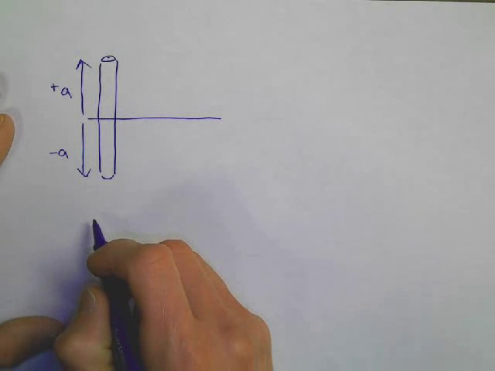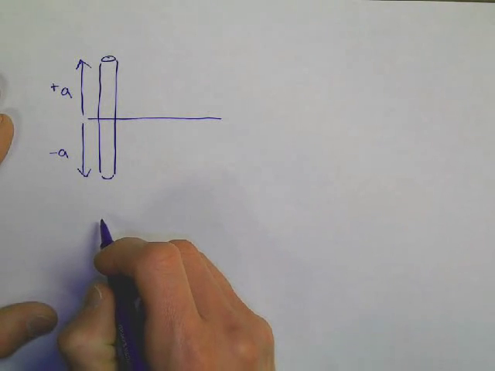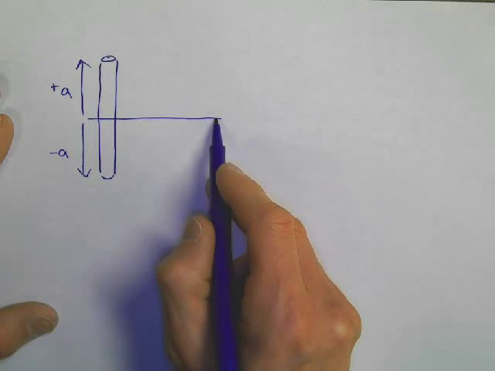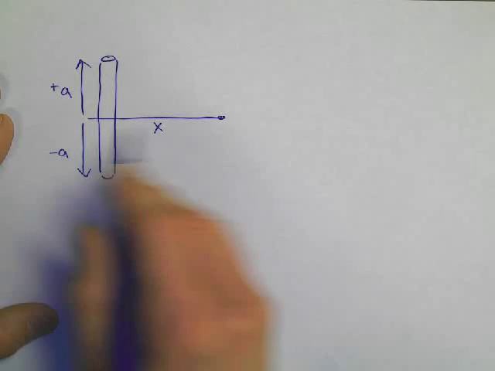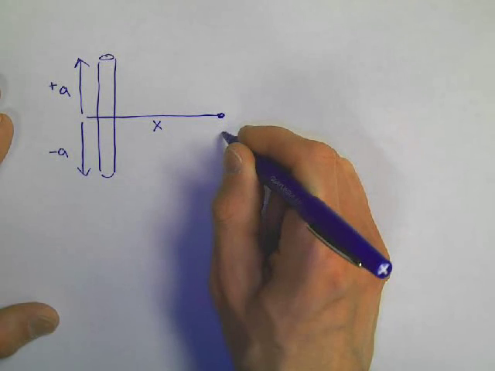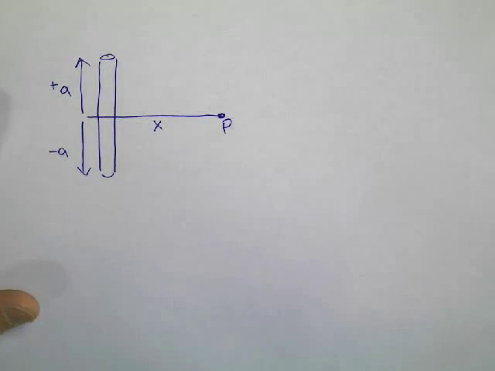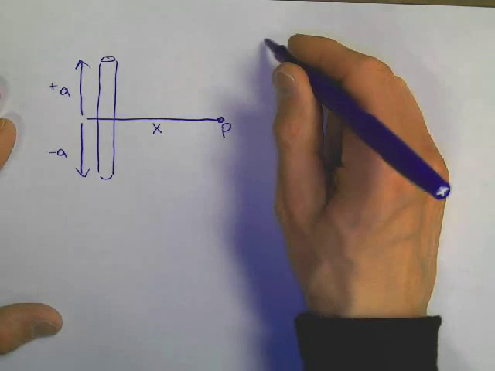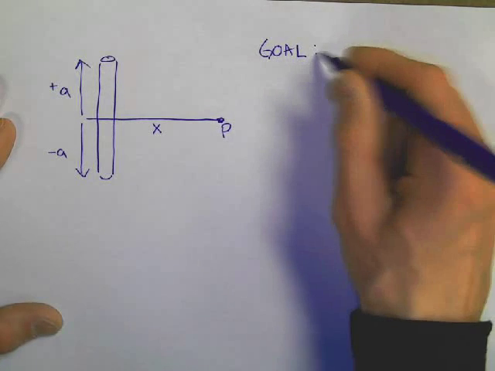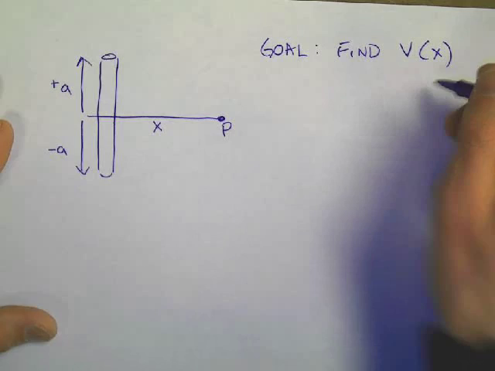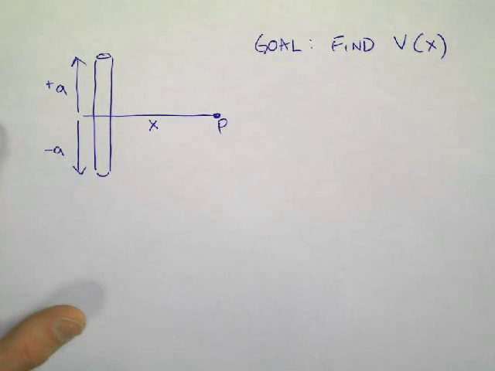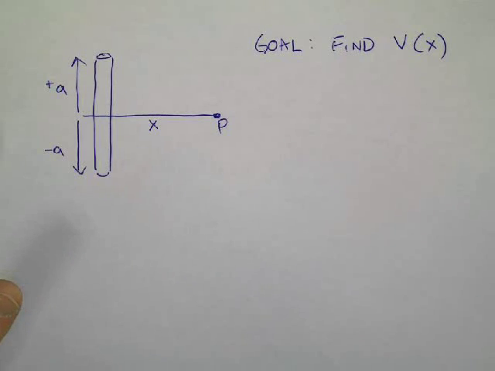We've got a line segment. The length is going to be equal to 2a. This line here is the bisecting line, and we're going to be looking at a distance x away from the line. We'll call that point P. And again, the goal is to find the potential as a function of that position x.